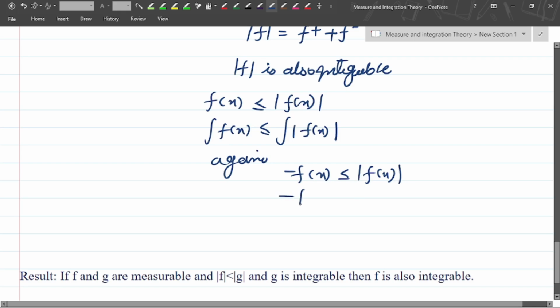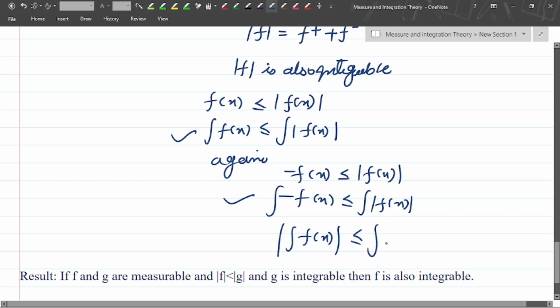So the integration of minus f of x is less than or equal to the integration of mod of f of x. Combining the positive part and negative part, the mod of the integration of f of x is less than or equal to the integration of mod of f of x. This is the first equation, this is the second equation. One represents the positive part, the other the negative part, and combined it gives the mod. So this is the result.